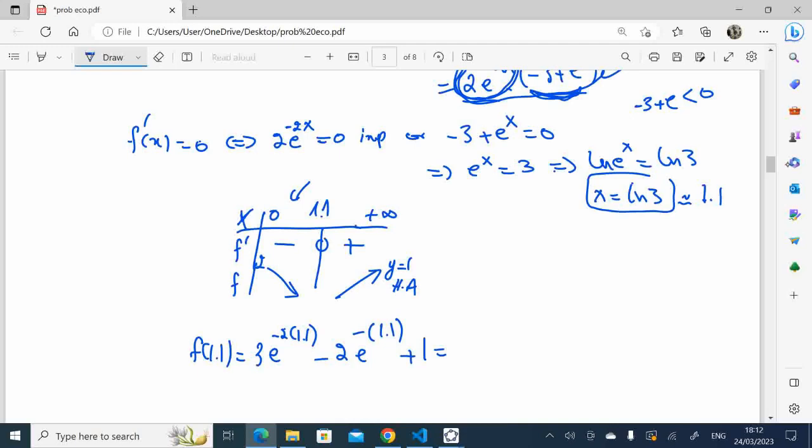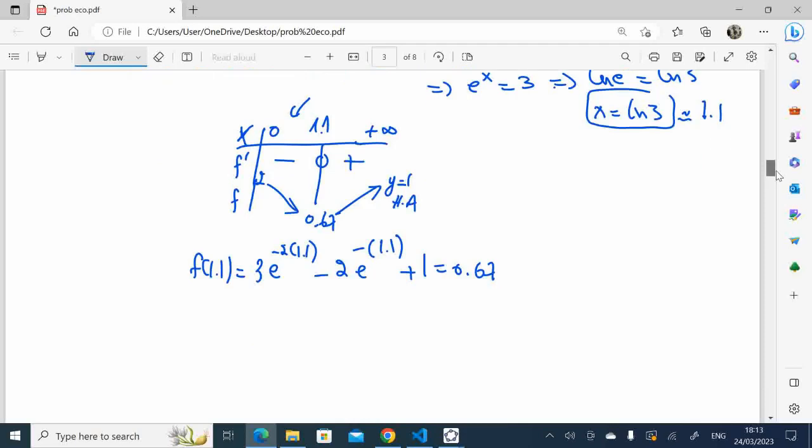This is equal to 0.67. So this is the table of variation.